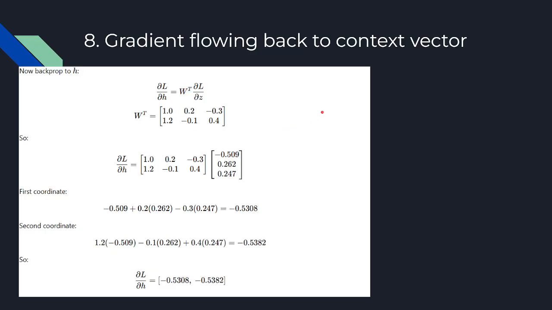So if we see over here, weight into H is equal to the Z function, right? And Z was the logit function, which was governing the loss.